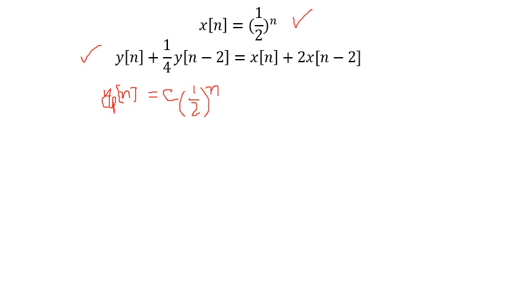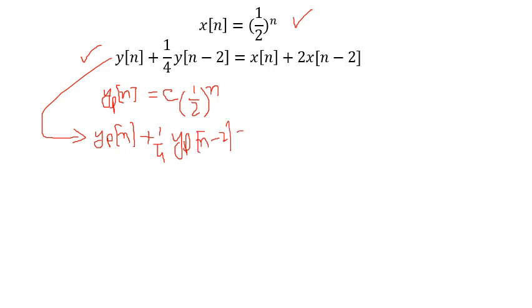The second step is that we replace this by y of p. So we say, y of p of n plus 1 by 4 y of p of n minus 2, and this is equal to x of n.